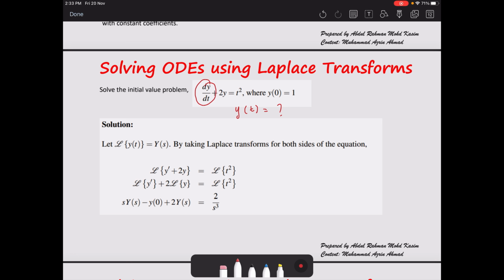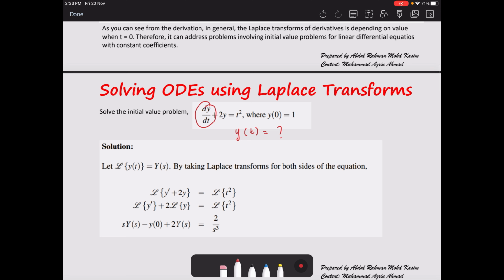In order to solve these types of questions, you need to transform every single term, either on the left hand side or right hand side, using the Laplace transform. Here we have the first term, second term, and third term, and this one is basically the boundary condition. For the first term, it is y prime.